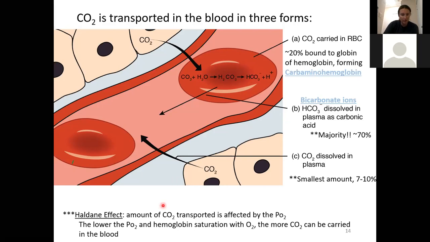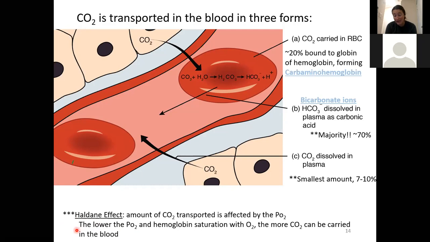Before we move on, I do want to point out that the Bohr effect essentially describes how carbon dioxide can lead to a decreased affinity of hemoglobin for oxygen. The Haldane effect is going to determine how much CO2 transport is affected by oxygen content.